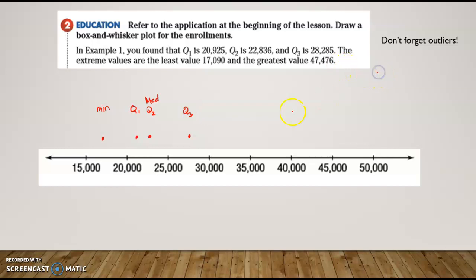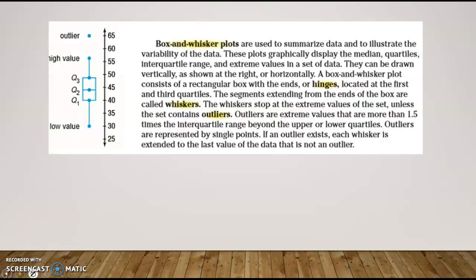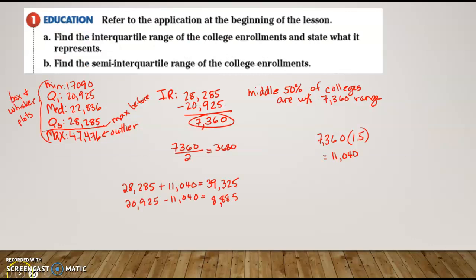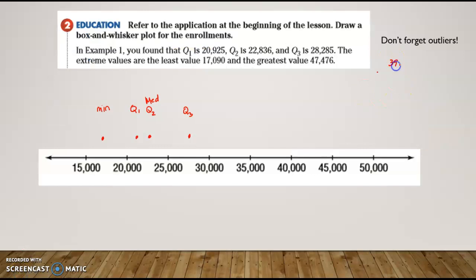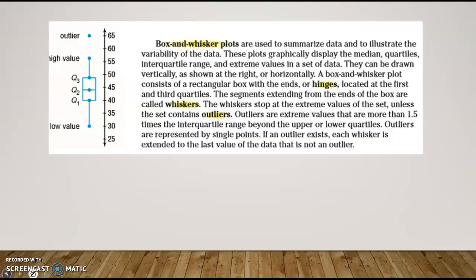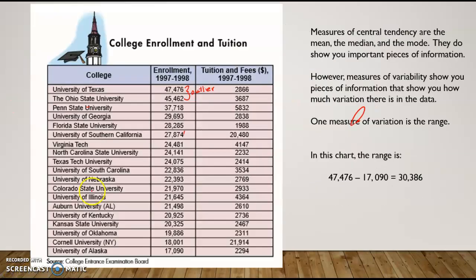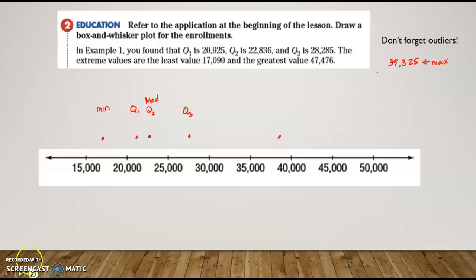Now remember, we had the outlier, anything above 39,325. That was going to be our max value that we could have. After that are outliers, and we had an outlier at 45 and at 47. So when you are graphing this, you'll have an outlier here at 45 and another one here at 47.